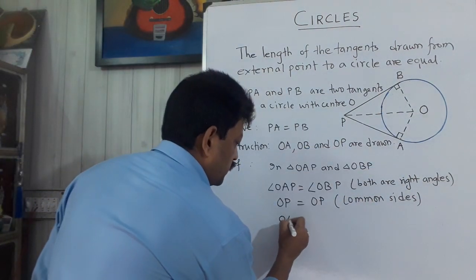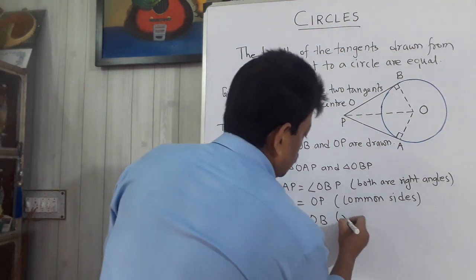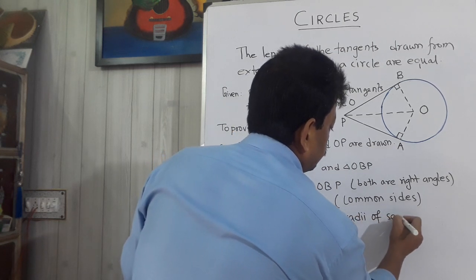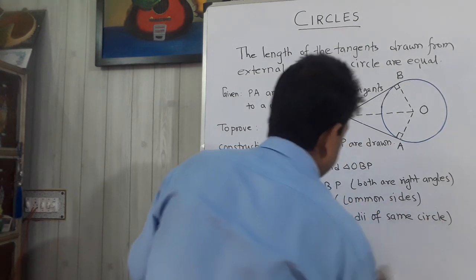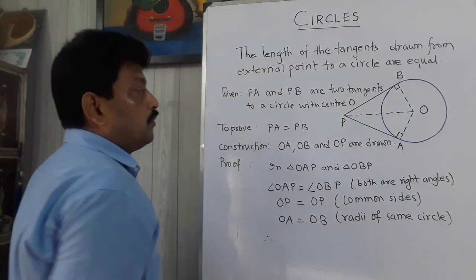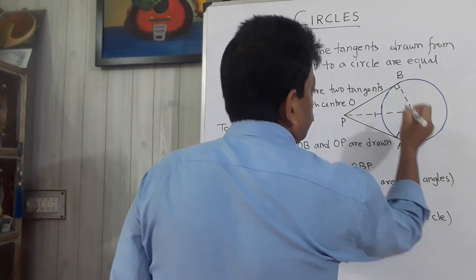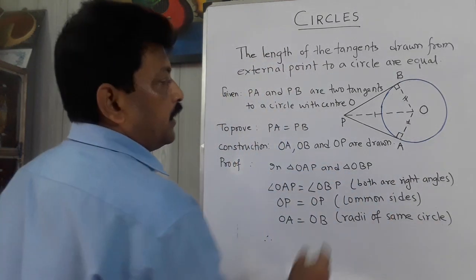So OA equals OB. Therefore, the common side is equal, the radii are also equal, and the angles are 90 degrees.